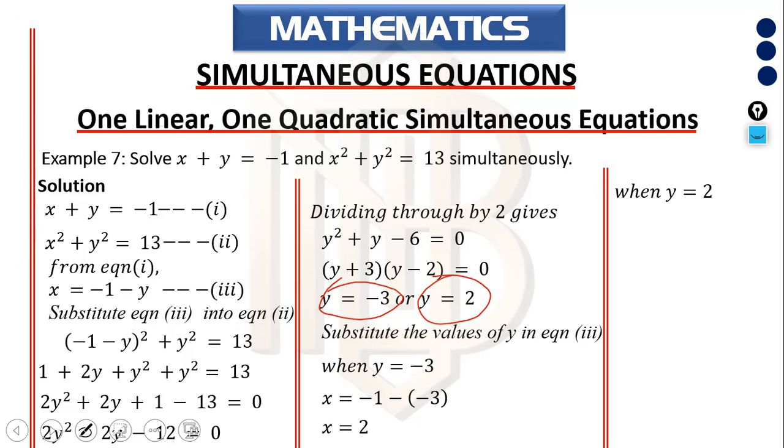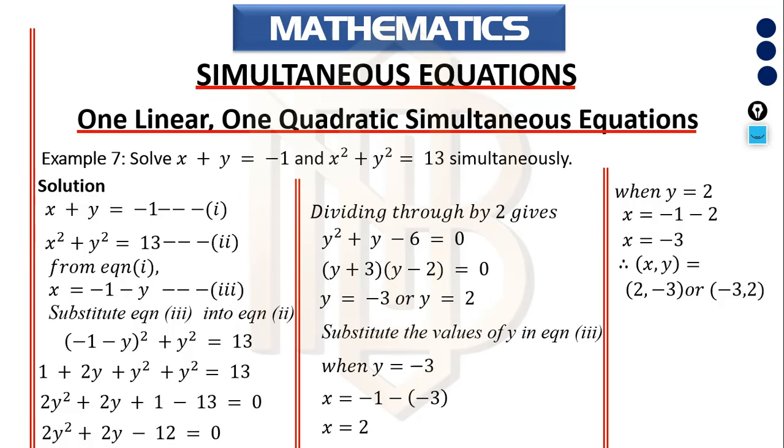So we can then state x is going to be minus 1 minus 2, which is minus 3. So we can therefore say, to write it in this linear form, x comma y equals 2 comma minus 3 or minus 3 comma 2.